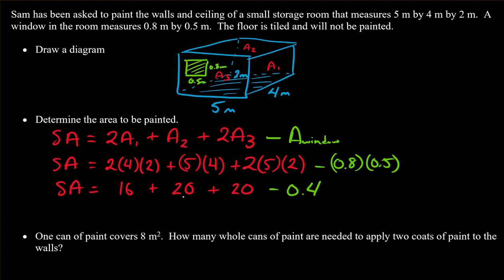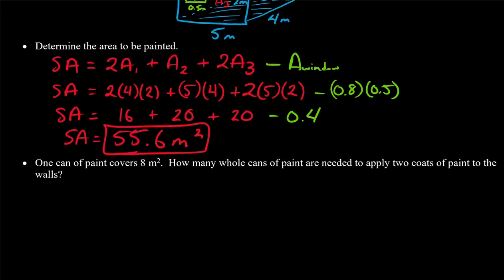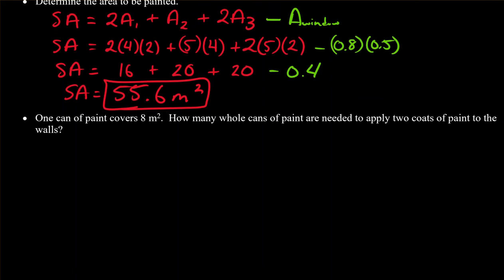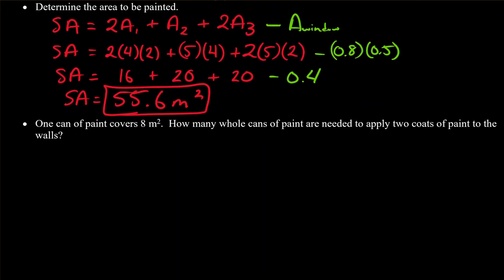So 16 plus 20 plus 20 is 56. 56 minus 0.4 is 55.6. So the total surface area is 55.6 square meters. Perfect.